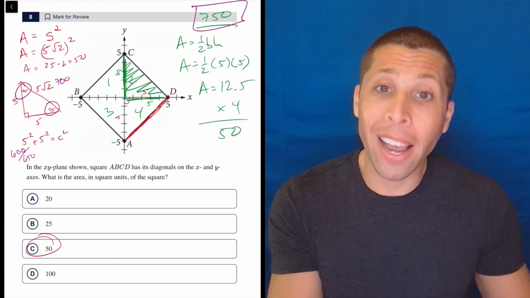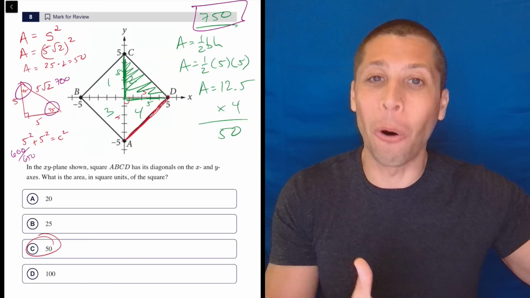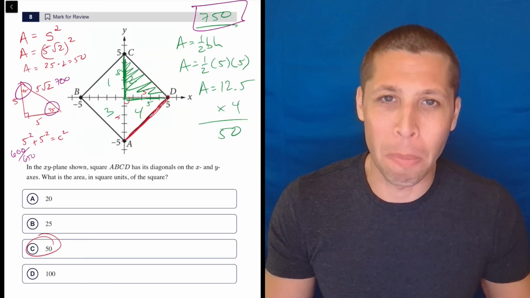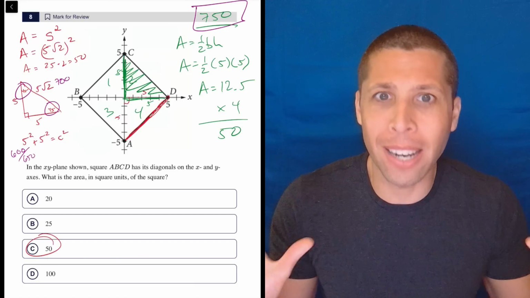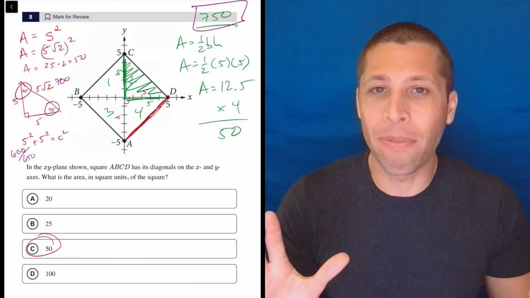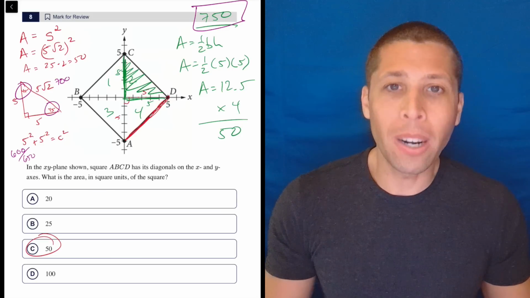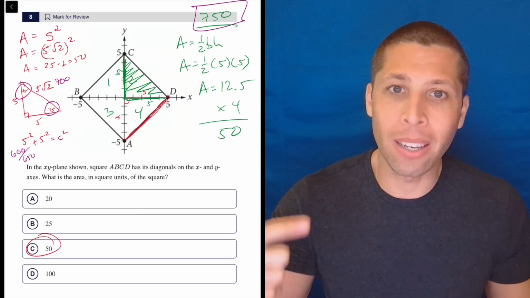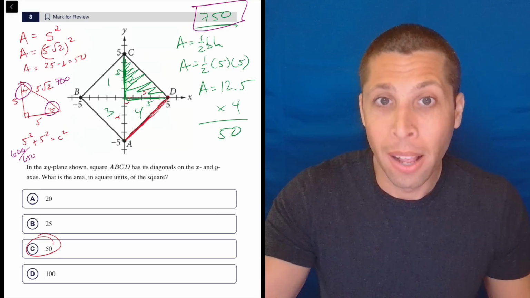And for many of you, that's fine because you just want to get as many points as possible. 800 is a nice goal, but it's not realistic for a lot of people. And so you don't need to optimize. You can just say, I want to get as many points as I can get. And if whatever I see first tends to work, I'm just going to do that. I'm not going to worry about looking for a shortcut because the time it takes to look for a shortcut might make it not a shortcut anymore.